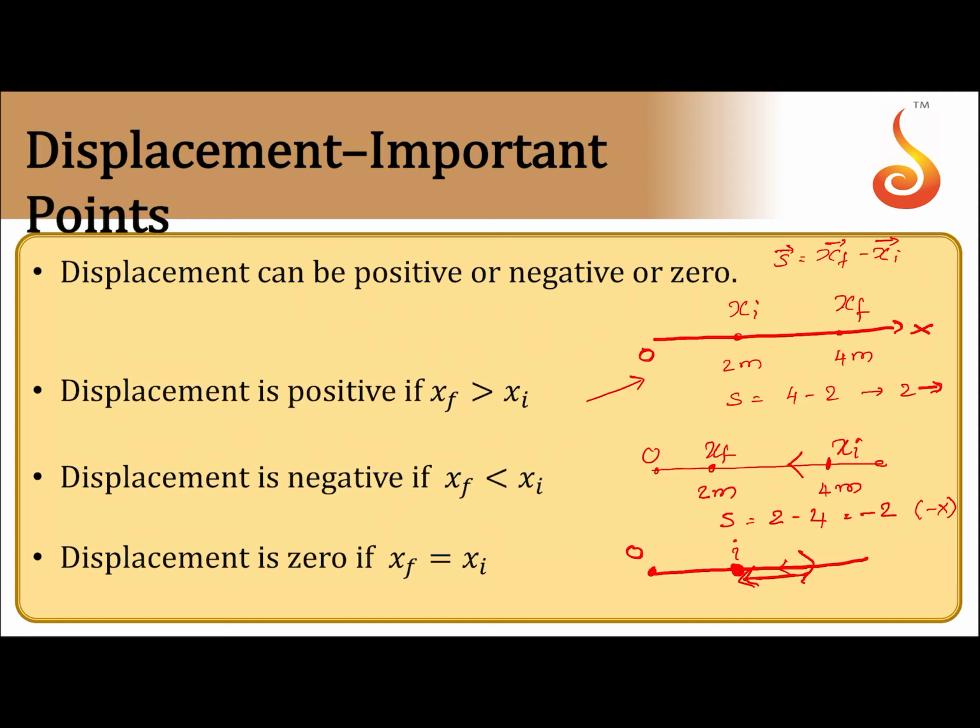I am showing it below, but remember it is coming back along the same track. Where is it finally? It is where it started. In the morning you start from your home, and you end up at your home by say 4:30 p.m. What is your displacement? Displacement is 0 because xf is equal to xi.